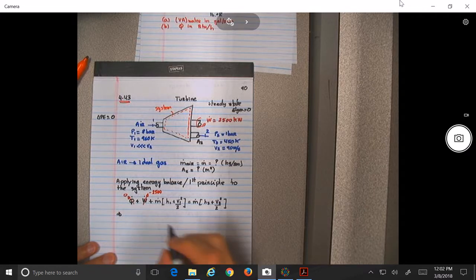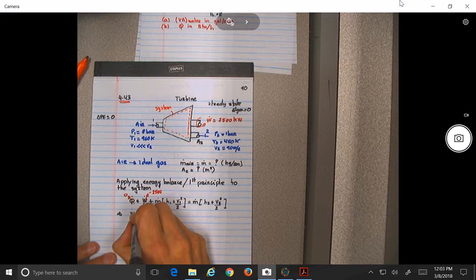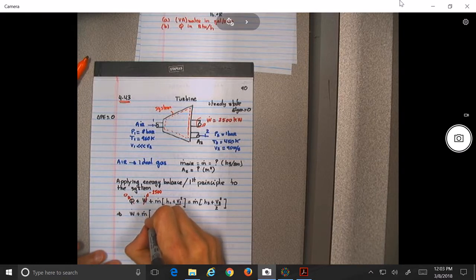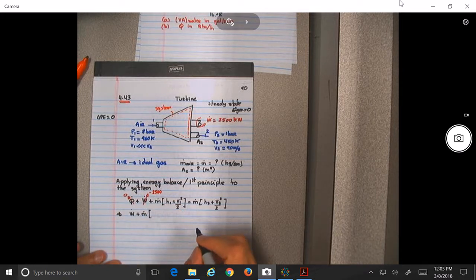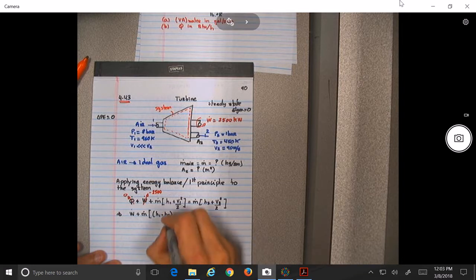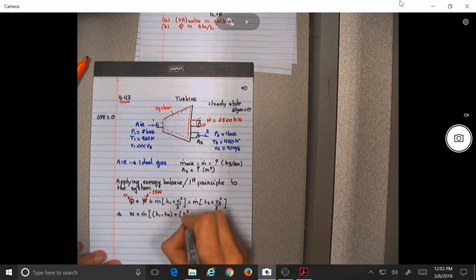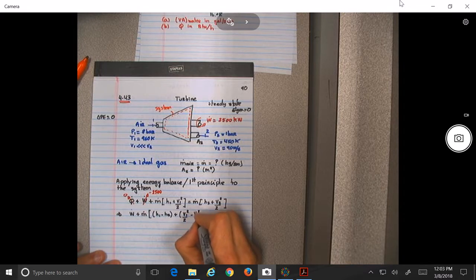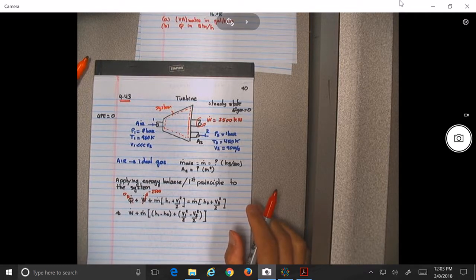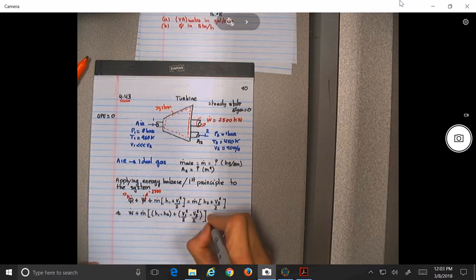So this will give us power plus, let's say, M times the factor of H1 minus H2 plus V1 squared over 2 minus V2 squared over 2, all this will be equal to 0.